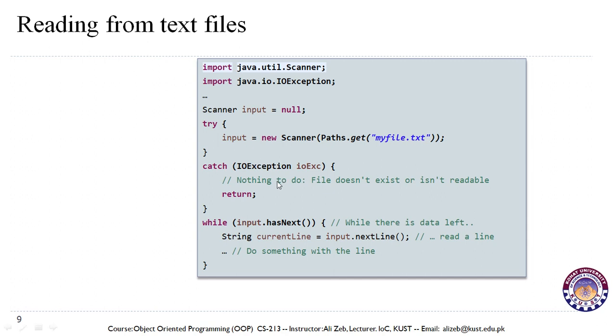We need to remember that we need to handle the exceptions, and the most common exception that you can face is if the file does not exist or if it is not readable. So you should remember to handle the exceptions. So you use a loop, a while loop in this case, that has a next method of the scanner class, which looks into the file.